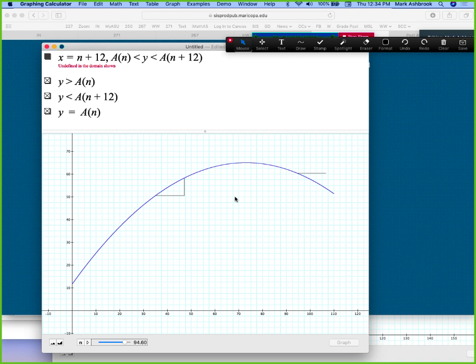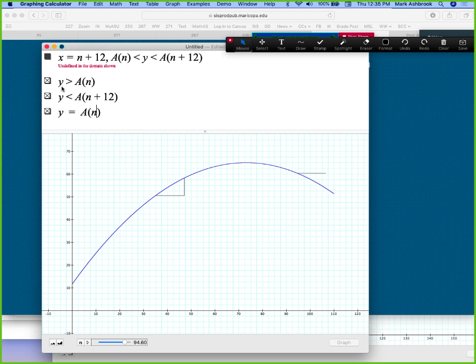Yasra, what do you think? I'm a little confused because in my head I'm like y is the same as A of n, right? Well, this is a statement. We're saying we want all points whose y value is greater than A of n.